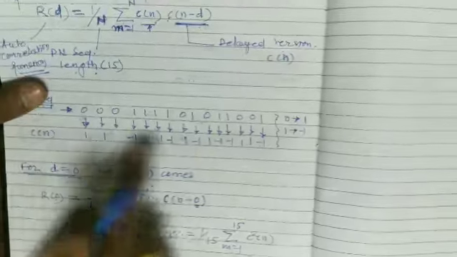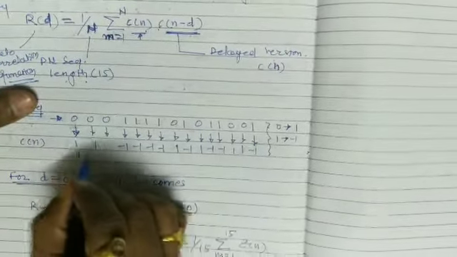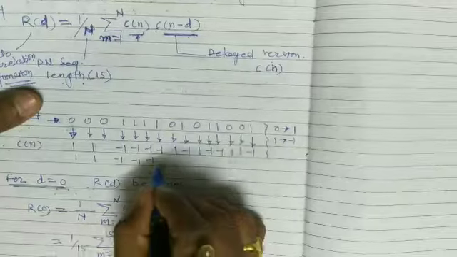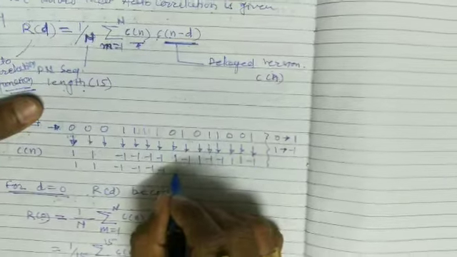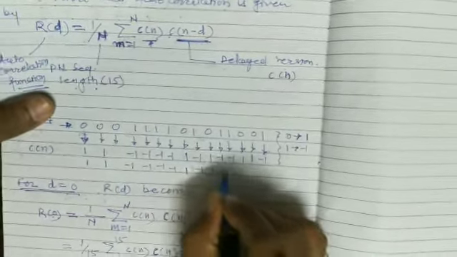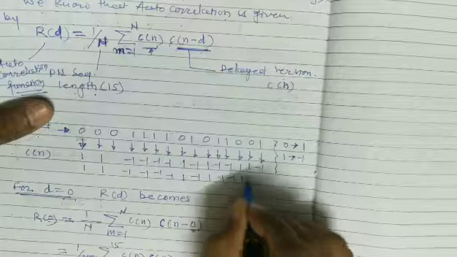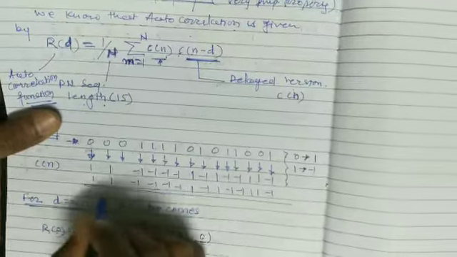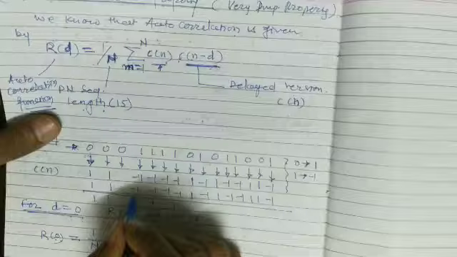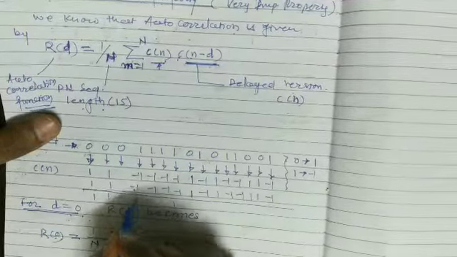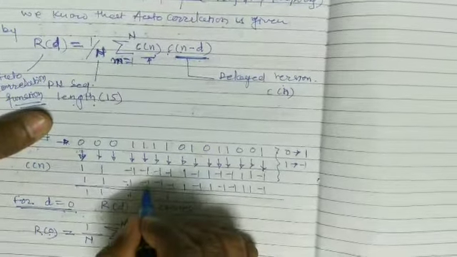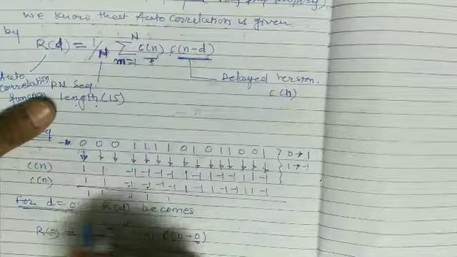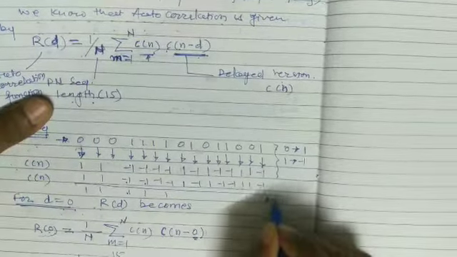If we multiply this Cn, that is 1, 1, minus 1, minus 1, minus 1, minus 1, 1, minus 1, 1, minus 1, minus 1, 1, 1, minus 1, then we will get all 1's over here, because minus 1 multiplied by minus 1 will give you 1.